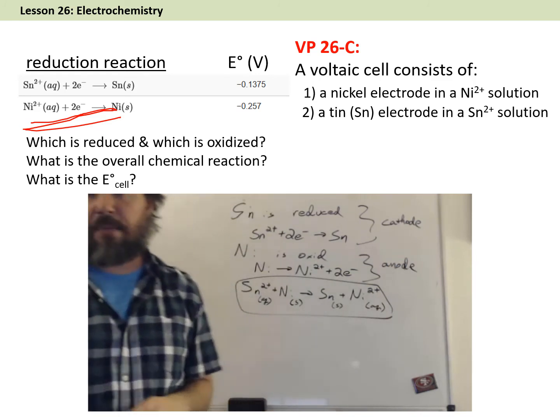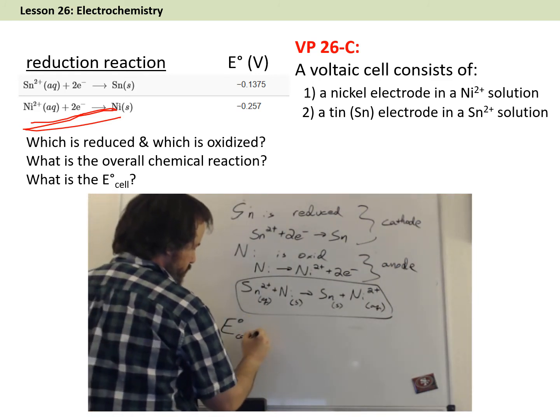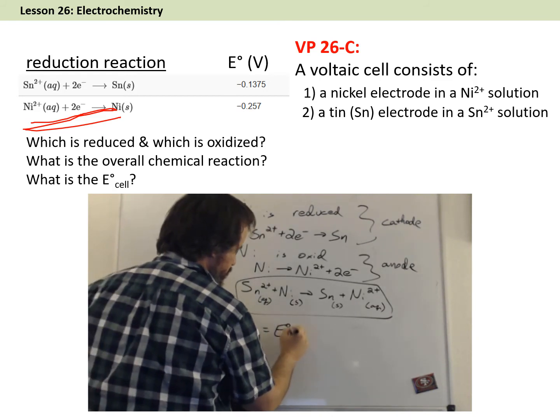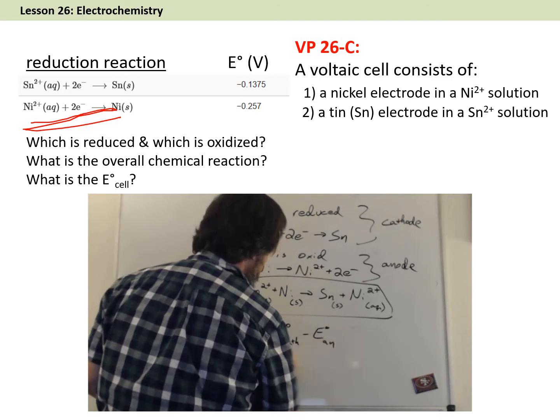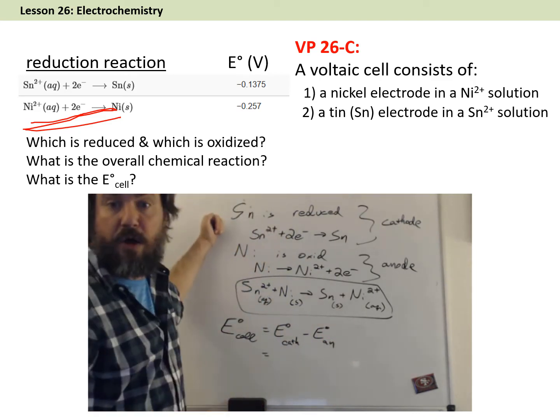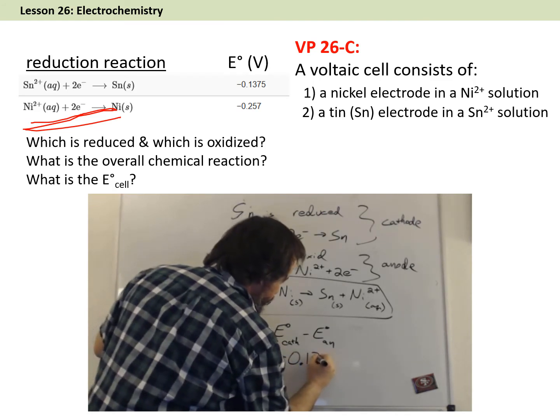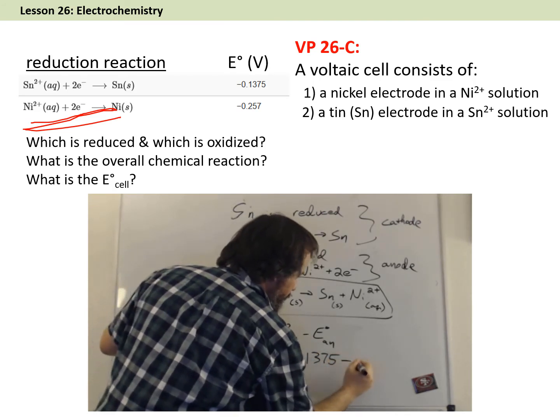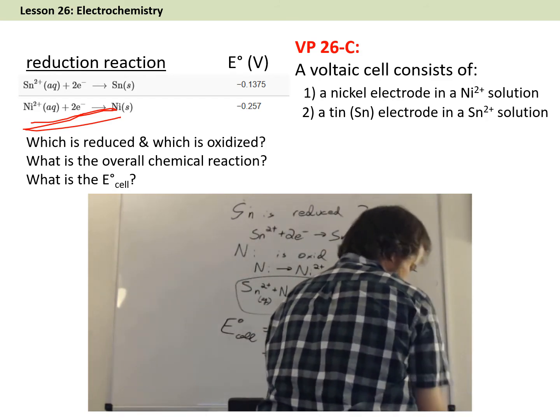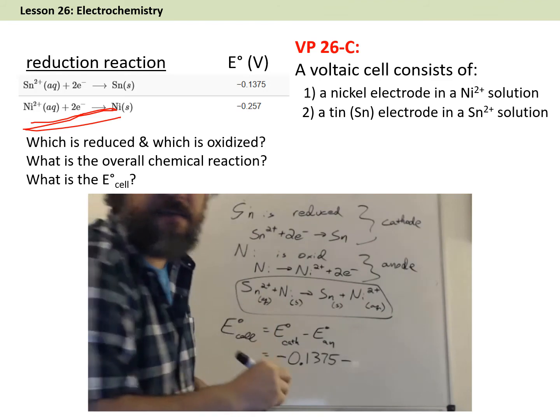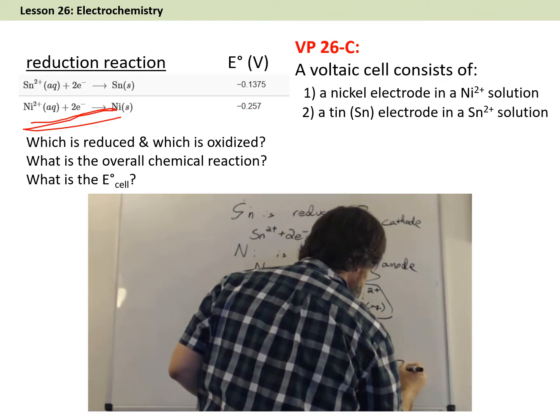So I'm going to say negative 0.1375 minus negative 0.257.